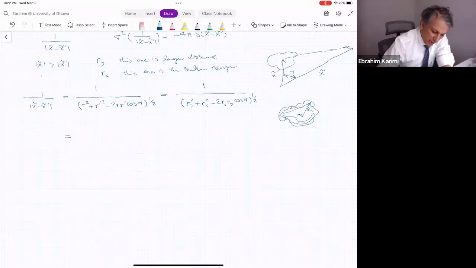So if R greater is much larger than R smaller, then what we can do, we can factor off the R greater to the power of 2.